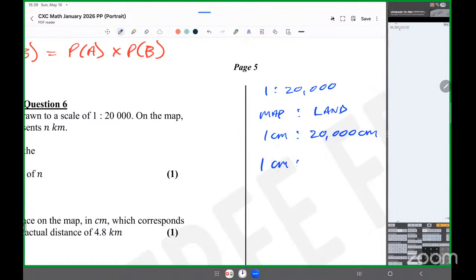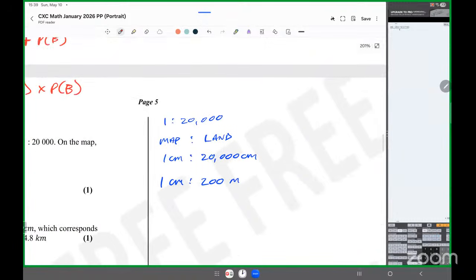So 20,000 centimeters divided by 100, you get 200 meters. We are using the fact that 100 centimeters is equivalent to 1 meter, so to go from centimeters to meters, you divide by 100.